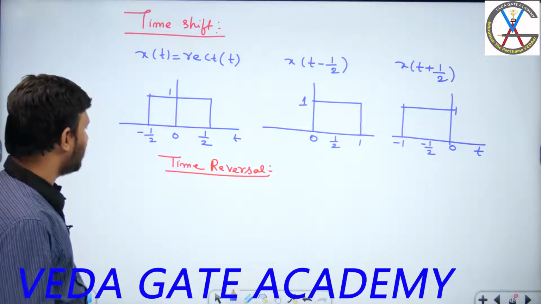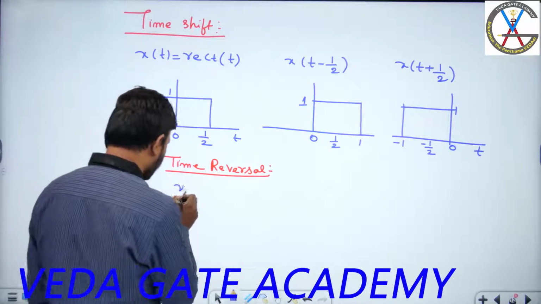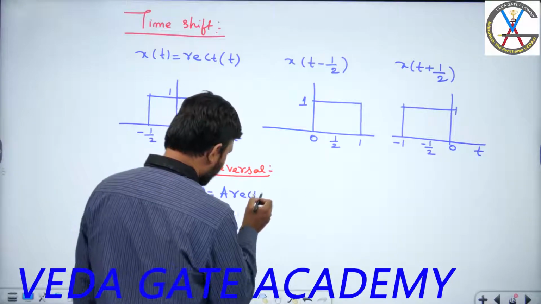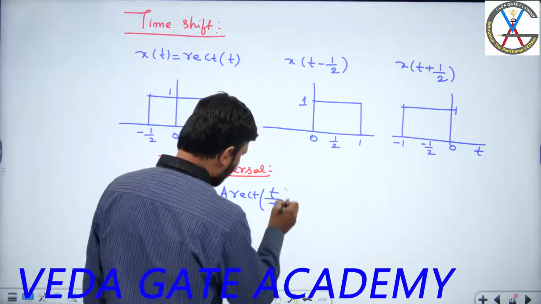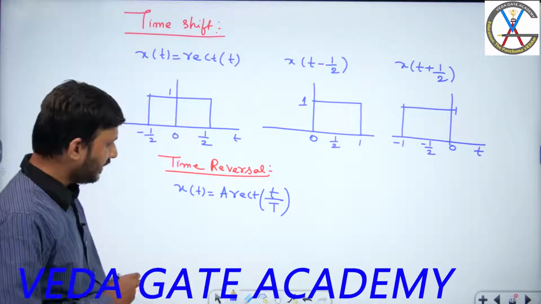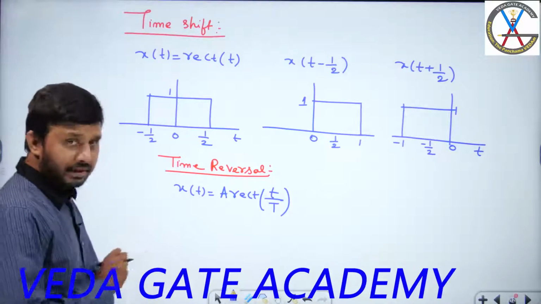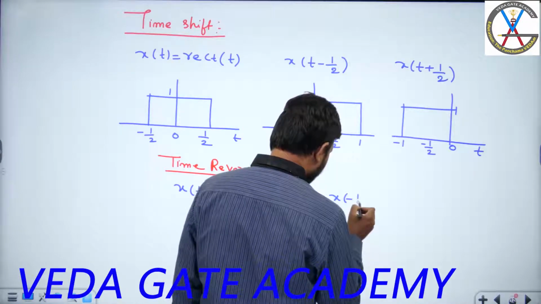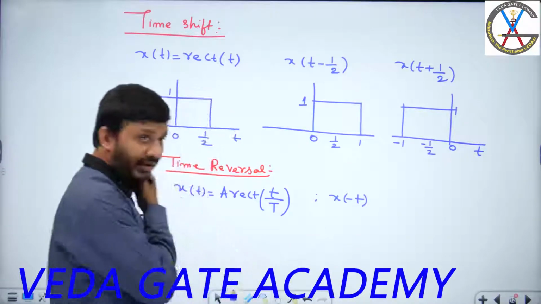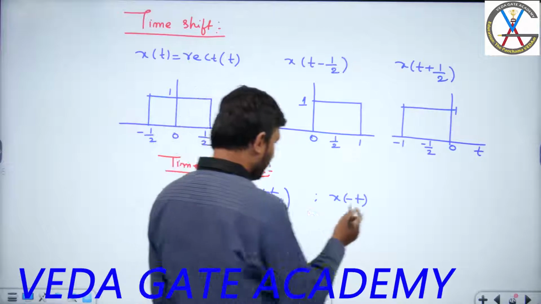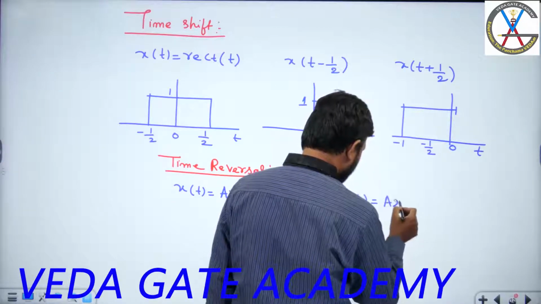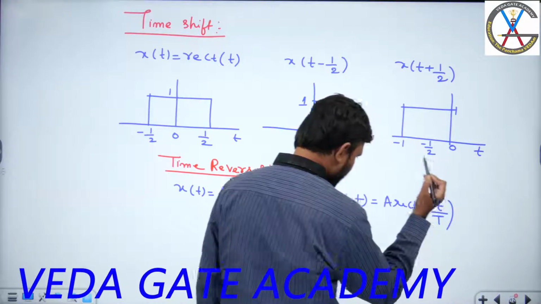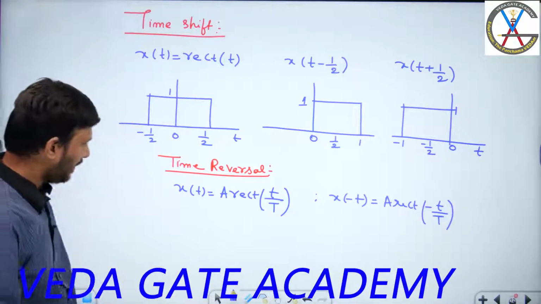So time reversal means, suppose I have a rect of t by capital T. If I have a rect of t by capital T, what could be x of minus t? X of minus t would be a rect of minus t by capital T.